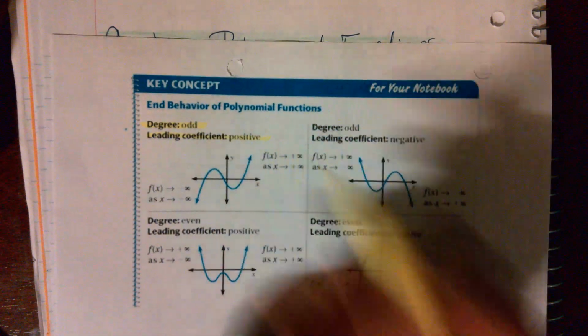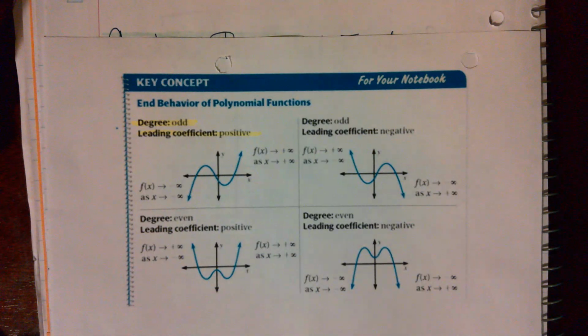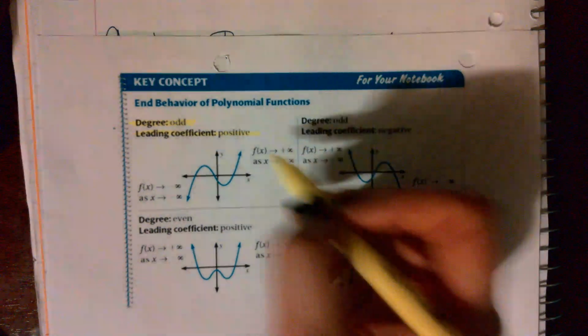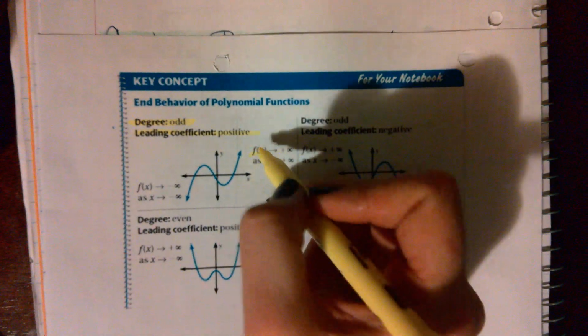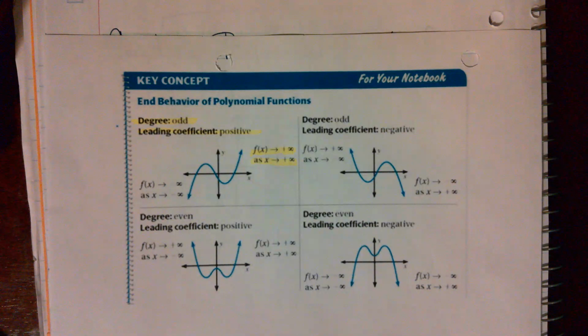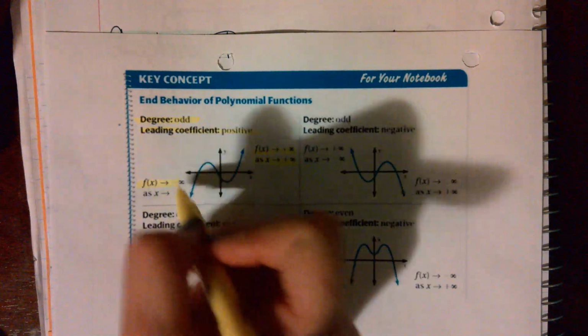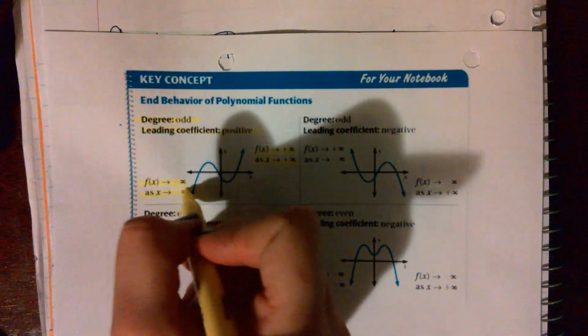If the degree of a polynomial is odd and the leading coefficient is positive, then what we expect to happen is as x approaches positive infinity, our graph approaches positive infinity, and as x approaches negative infinity, our graph approaches negative infinity.